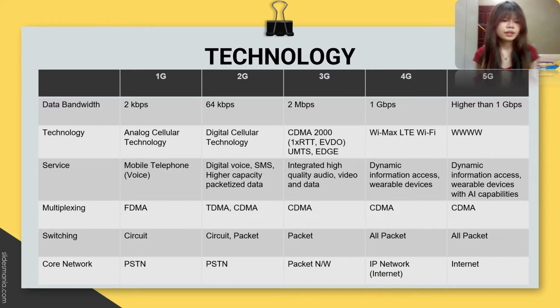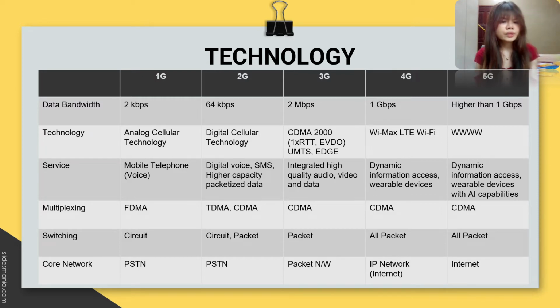First, data bandwidth. For 1G it is 2 kilobytes per second, 2G 64 kilobytes per second, 3G 2 megabytes per second, 4G 1 gigabyte per second, and for the last, 5G, it is higher than 1 gigabyte per second.